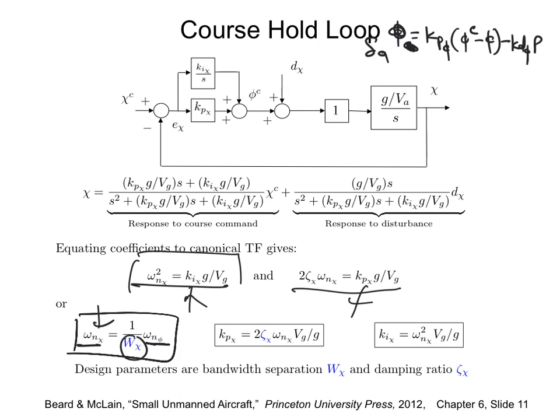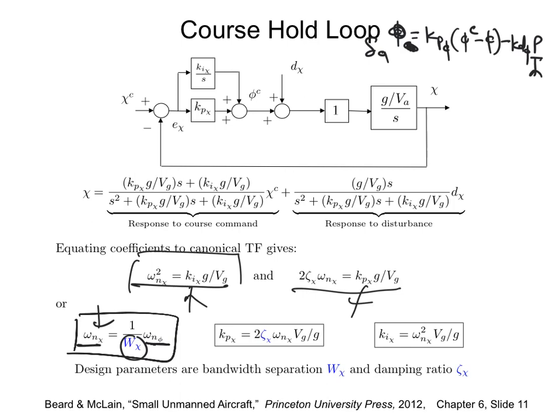P is the roll rate. We don't have a phi dot directly available, but p is available to you, and at small angles phi dot equals p. So you can take that directly from your state. This is coming from your state function, so you have p available to you.